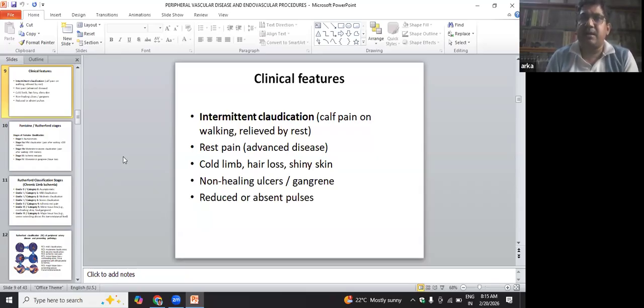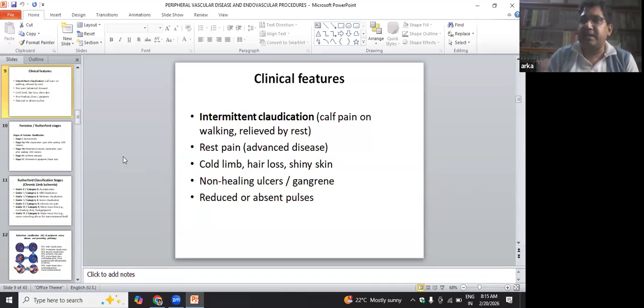You have to ask what type of pain there is, the site of the pain, where the pain started, how long the patient can walk before the pain starts, and whether the pain is reduced after walking some distance.